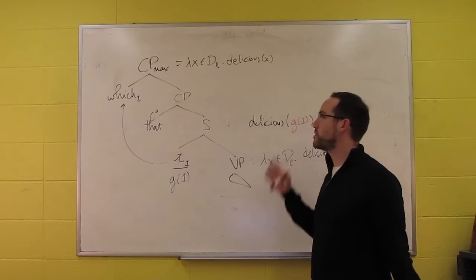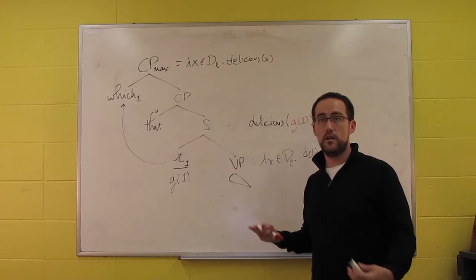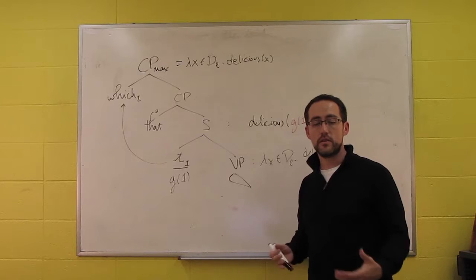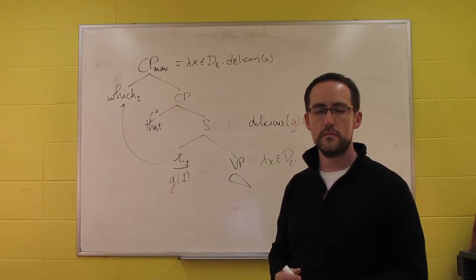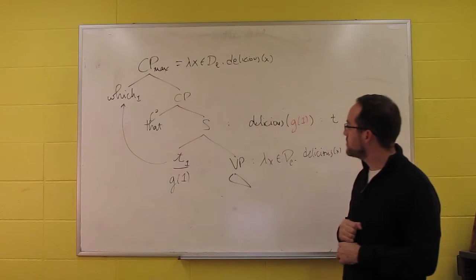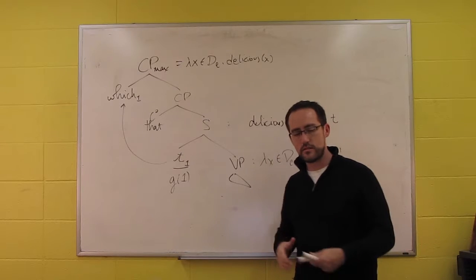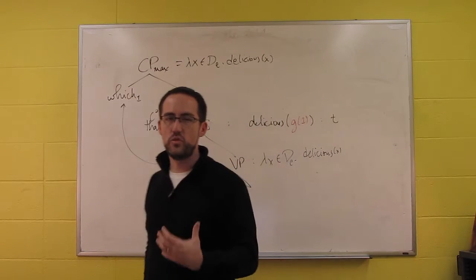But that's not what we want. We want to undo this to get another property. And so how are we going to do that? Okay. So, well, we can start with that. Now, in Heim and Kratzer and in some of the older theories, the complementizer doesn't really do anything.